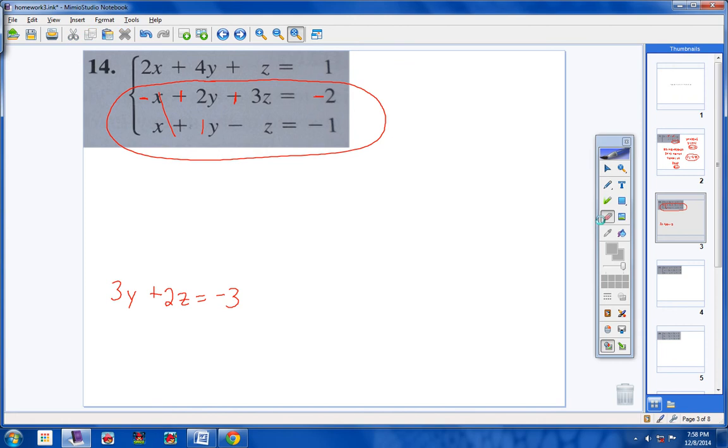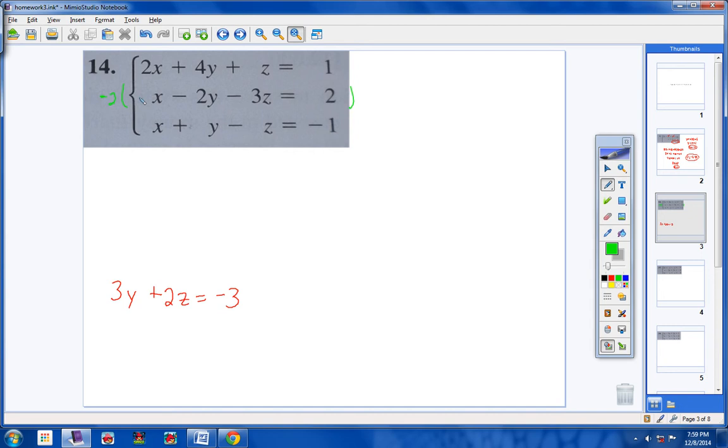Now, I'm going to take this equation right here. I'm going to multiply it by a negative 2 so that when I combine it with this equation here, my x's will cancel out. So I'm going to put a parentheses here and put a negative 2.